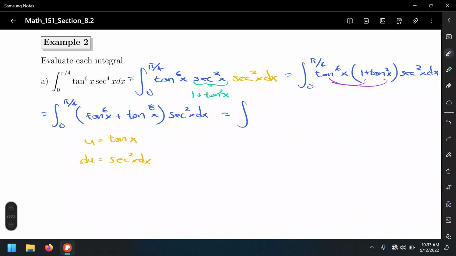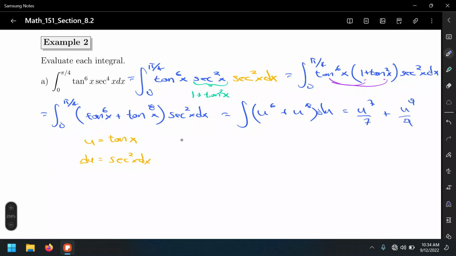Let me just write the integral without the limits: u to the 6th plus u to the 8th du. That's u to the 7th over 7 plus u to the 9th over 9.